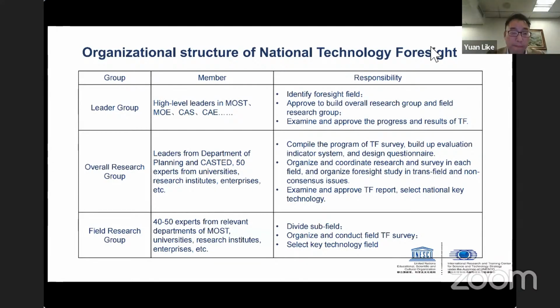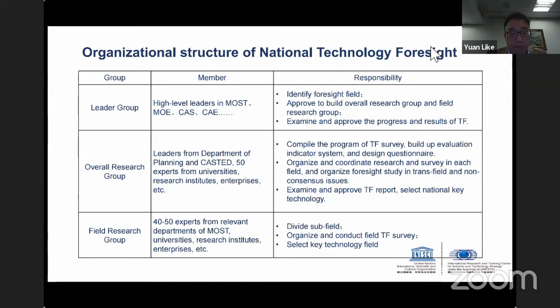For the overall research group, we invite some leaders from the Department of Planning and about 50 experts from universities, research institutes, and enterprises. The third group is the field research group.